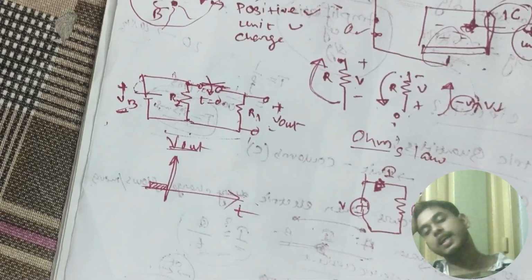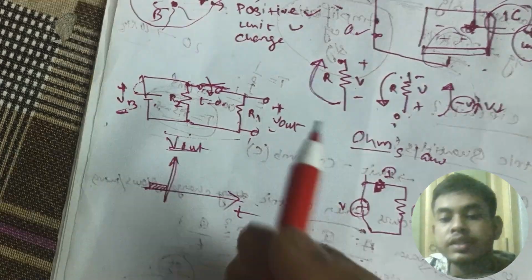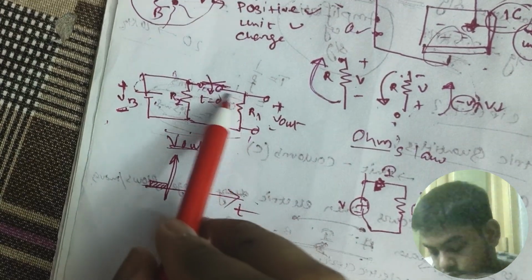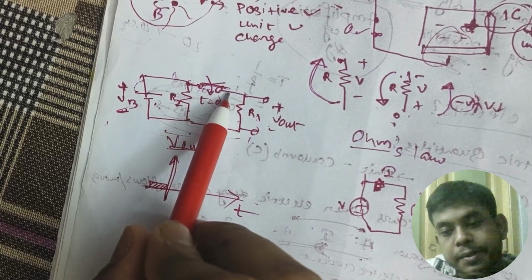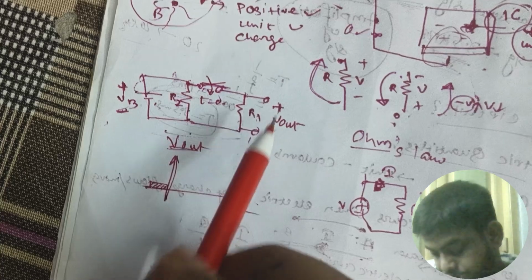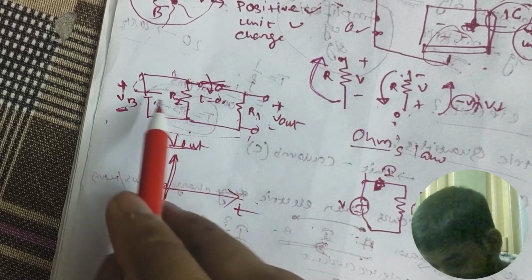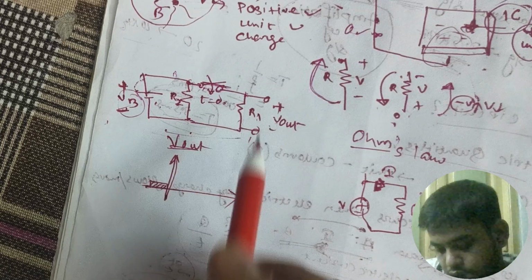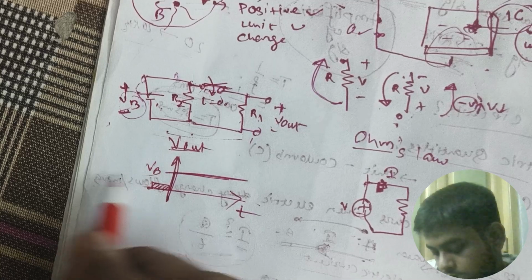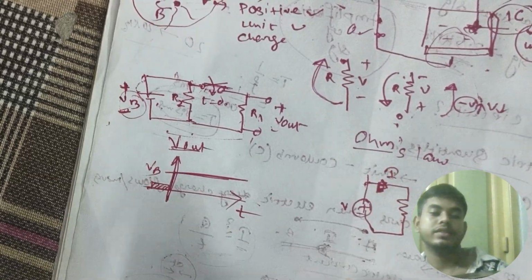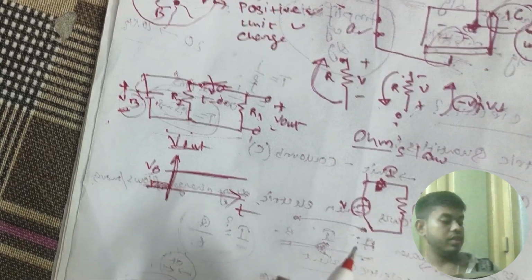No resistance is there and no drop is there. So the voltage is zero from here to here. So VB is over here, and V out will increase to VB and it will be constant like this.